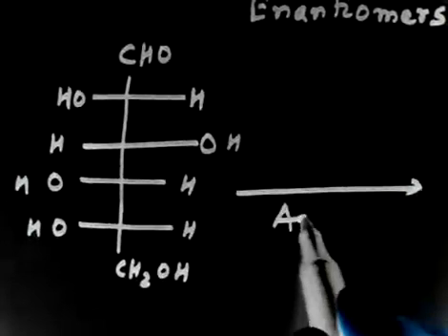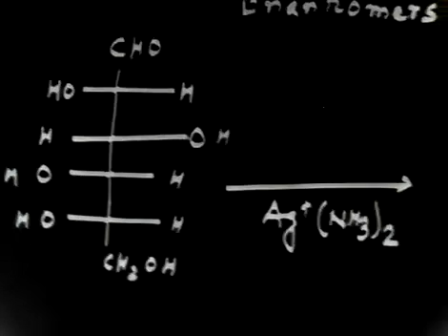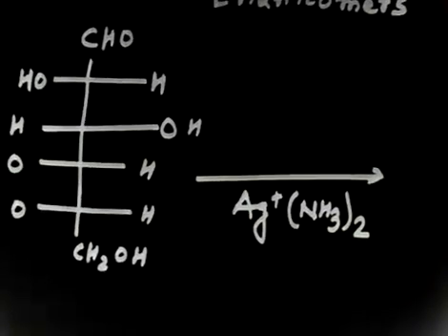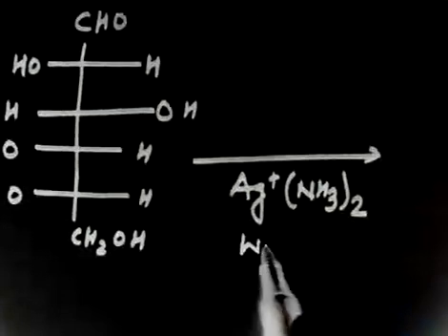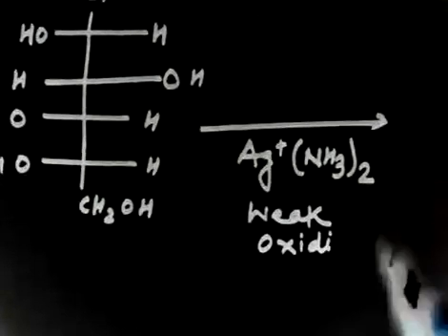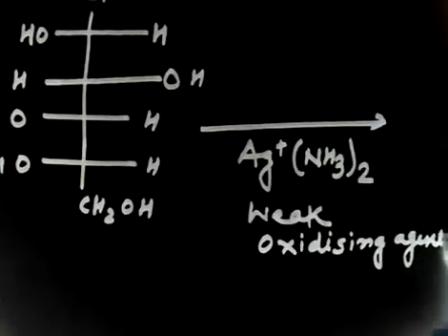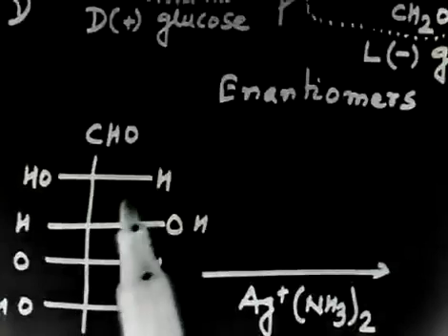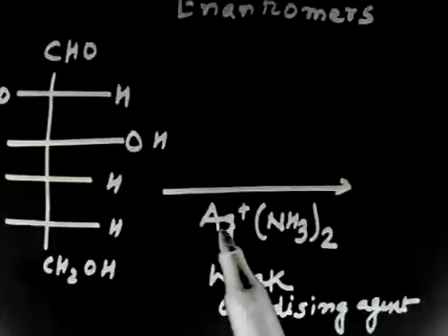If you remember, Tollens reagent is Ag plus NH3 whole twice, that is an ammoniacal solution of silver. It is an oxidizing agent, a weak oxidizing agent. In the case of Tollens reagent, the aldehyde gets oxidized to acid, and Ag plus becomes Ag, that is the silver mirror.